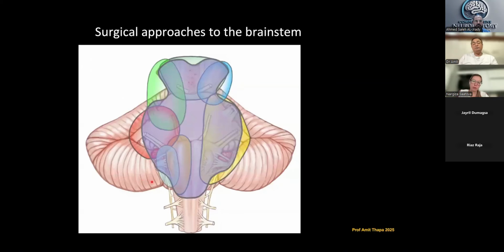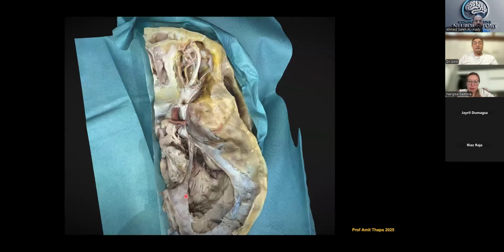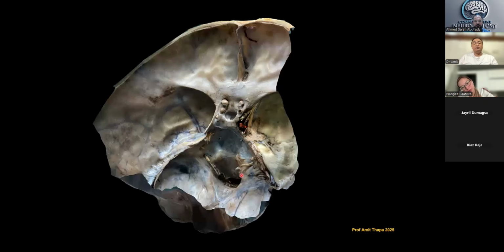And then far lateral approaches can give access to the anterior surface of the medulla oblongata. And beyond this, nowadays we have nasal approaches through which one can access from the midbrain to the foramen magnum through the transclival approaches. So this whole thing can be opened up from the anterior, from the front, from the lateral as the need arises.